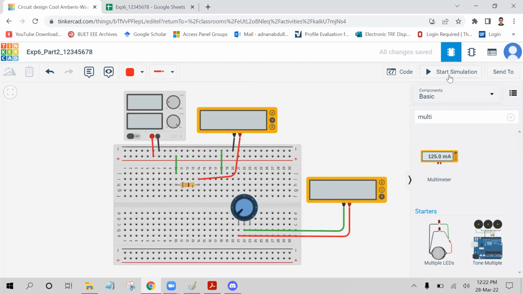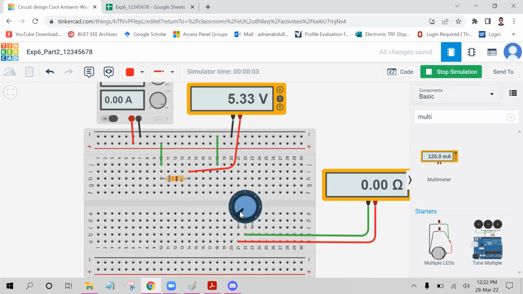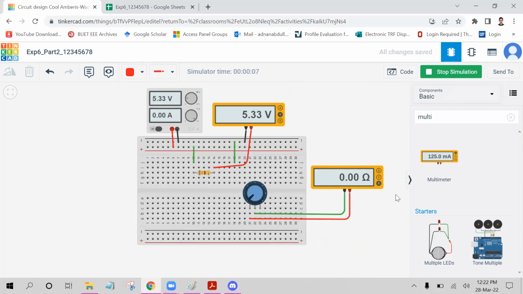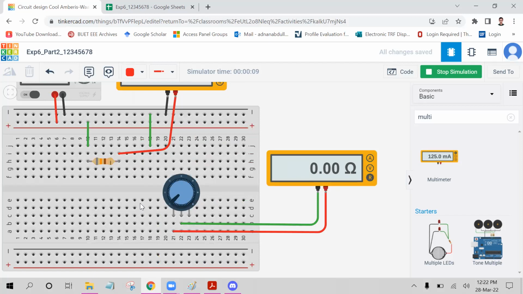Okay, let me simulate the circuit. Now, please observe. I can put my mouse here and drag this knob. As I rotate this knob clockwise, the potentiometer value is increasing and the maximum value it is showing is 250 kilo ohm.